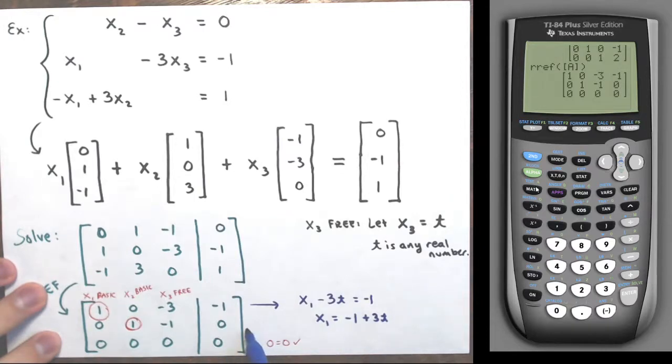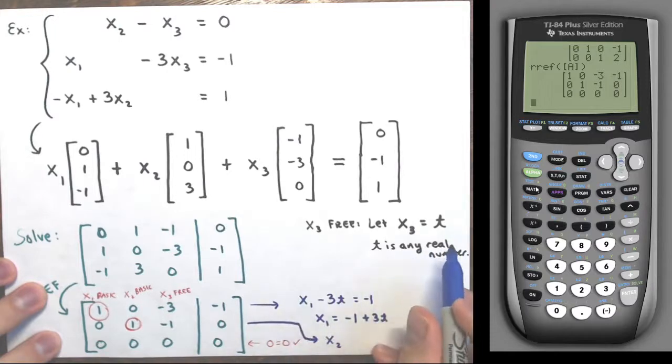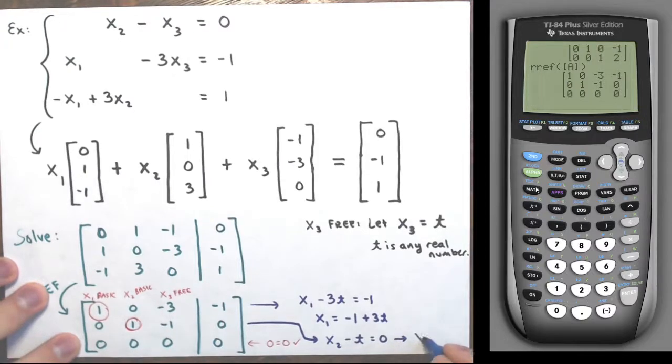And then from the second row, I have 1x2 minus 1x3. But again, I'm letting x3 be replaced by t here. So x2 minus t equals 0, leading me to the fact that x2 will be equal to x3, or x2 will be equal to t as well, whatever I choose for t. But there are infinitely many solutions here.